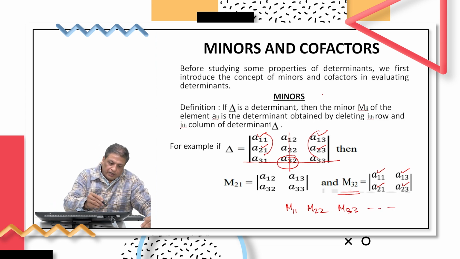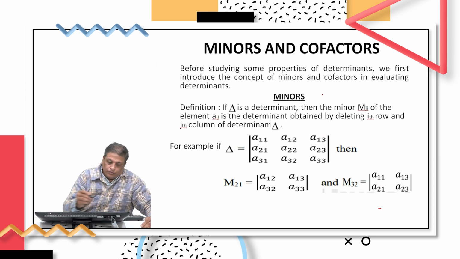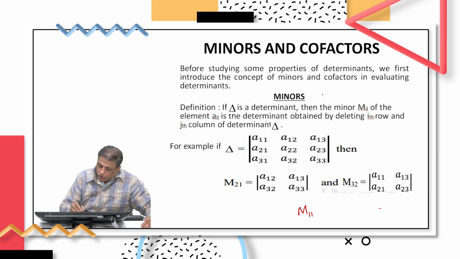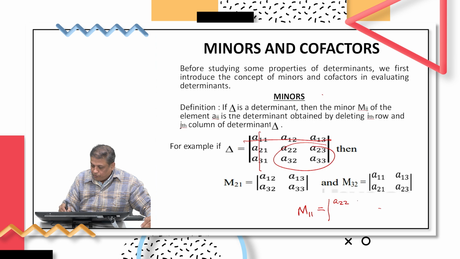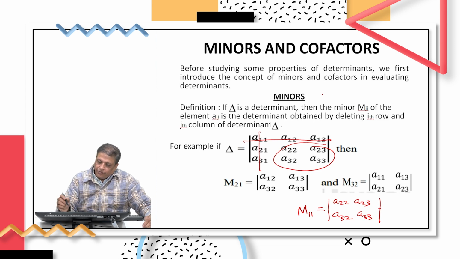So if we want to find M11, then what should M11 be? M11 should be the remaining elements after this, that is A22, A23, A32, A33. So this will be the minor M11.